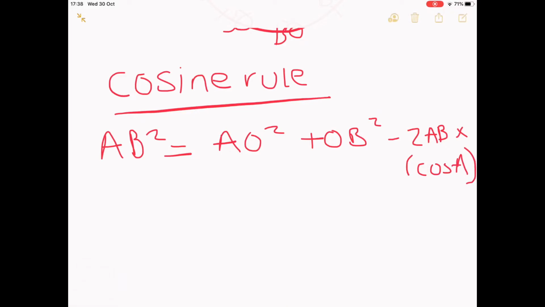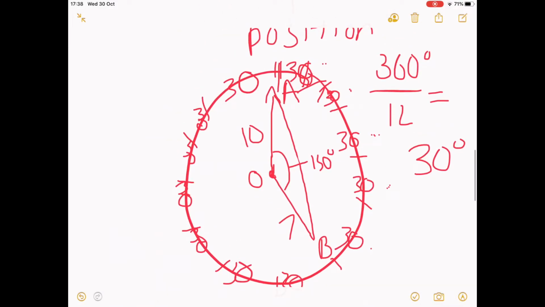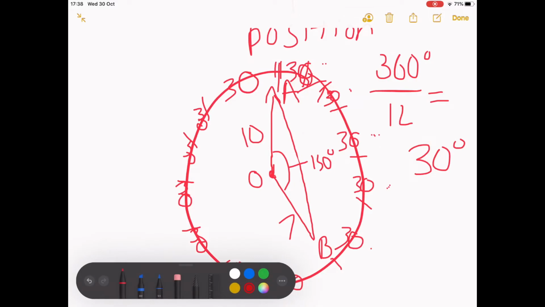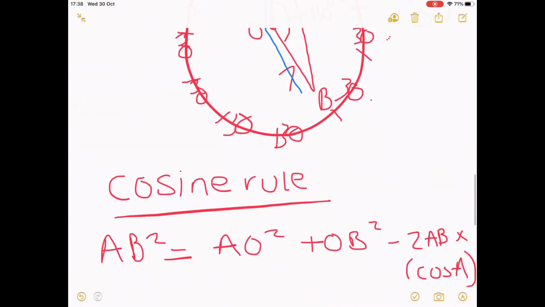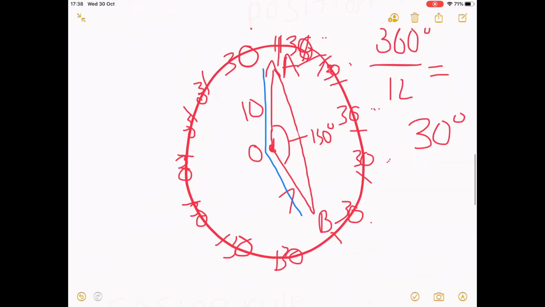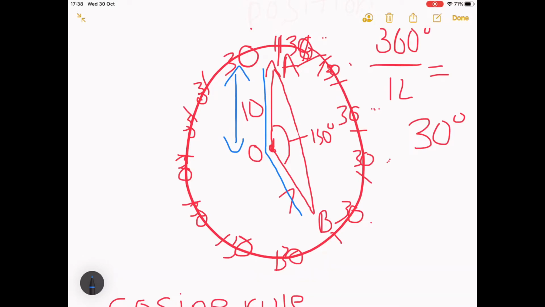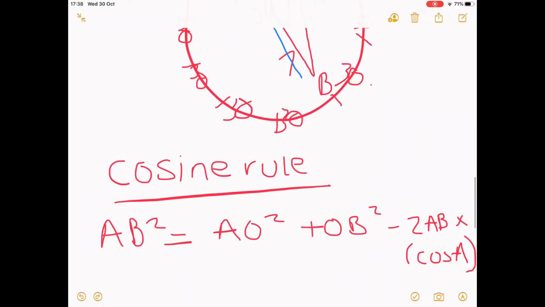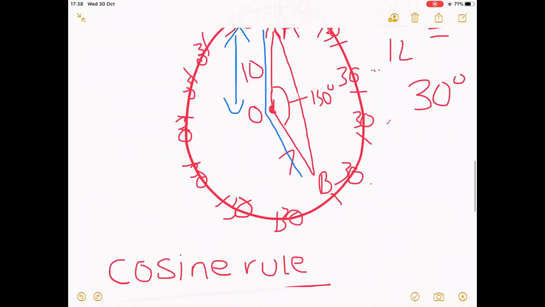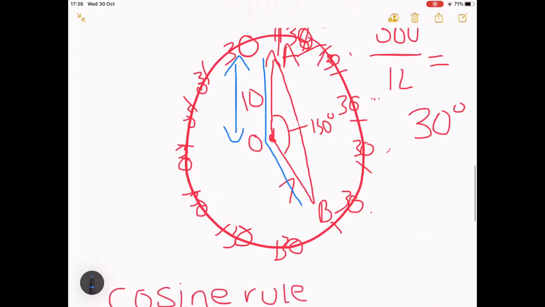So if we label those, we have AB squared, which is just our normal that. Then we have AO squared, which is the length of 10, squared. And then we have the length of OB, which we know is 7 squared.